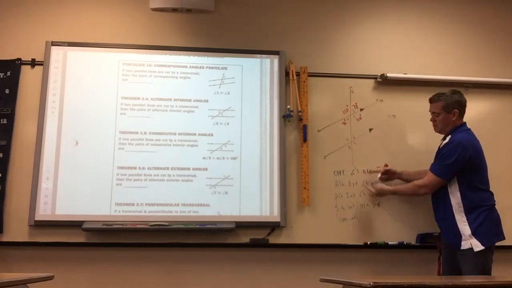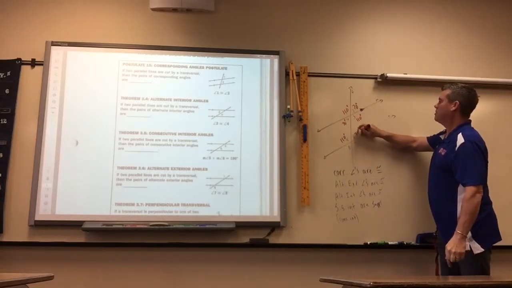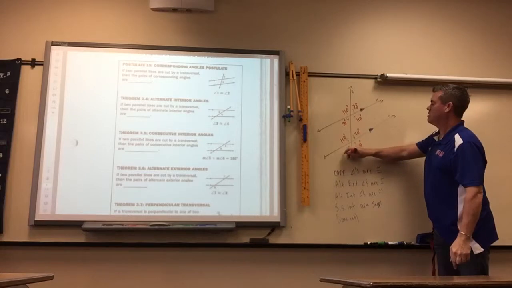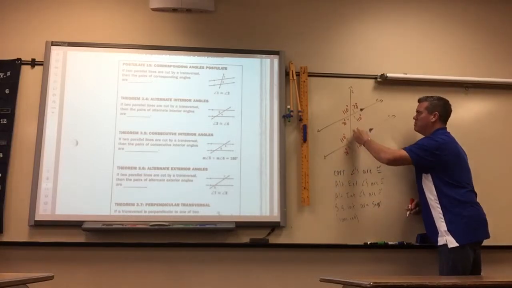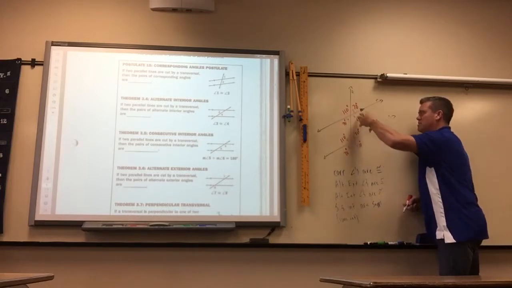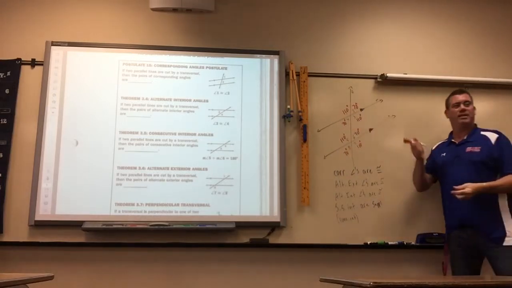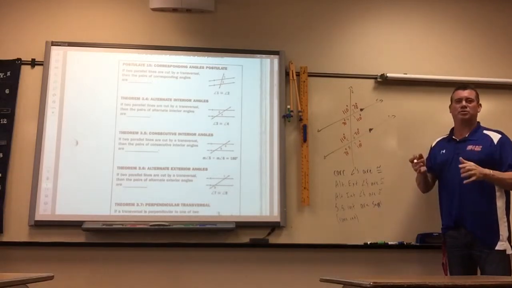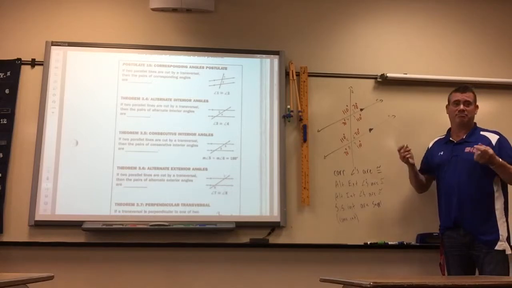And then if you use all this, they're all corresponding: 110, 70, 110, 70. And again, alternate interior are the same, alternate exterior are the same, same side interior add up to 180. So, on these pictures, any 2 angles will either equal each other or add up to 180.